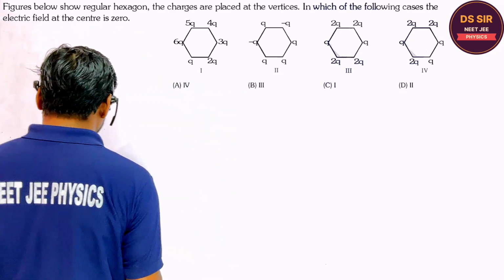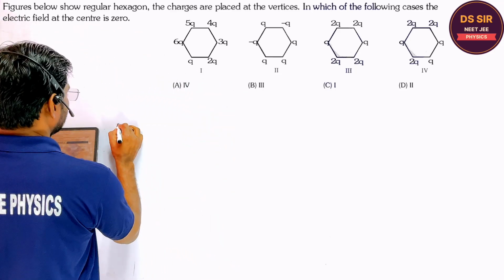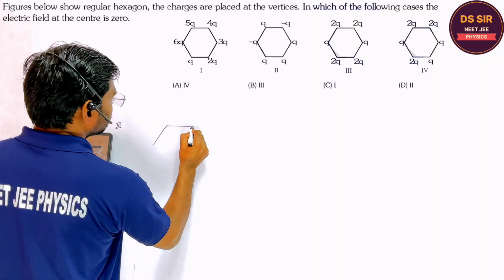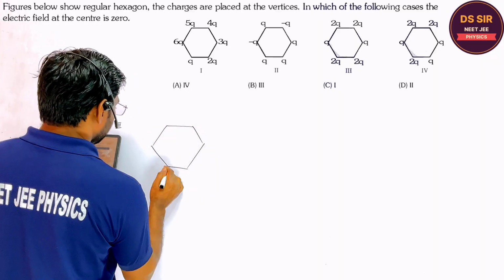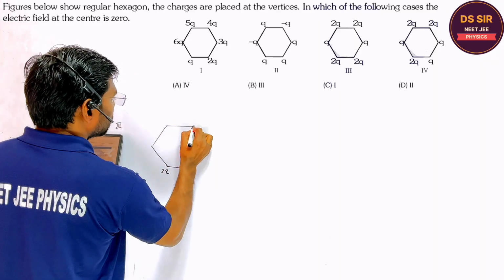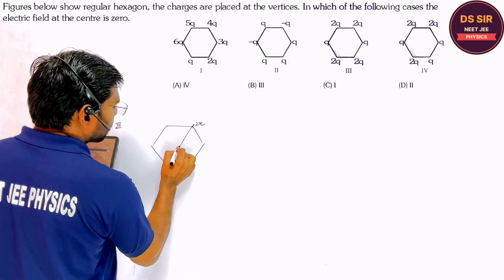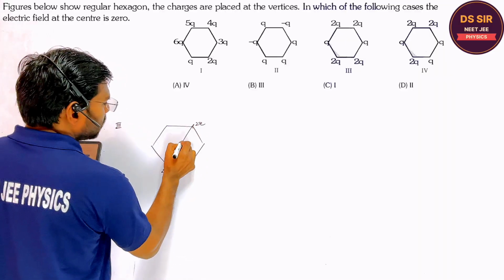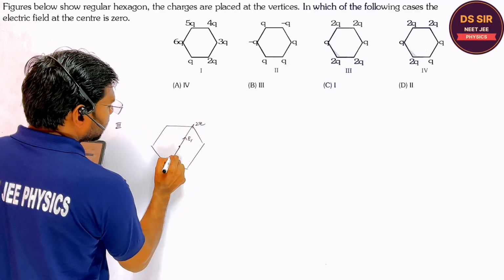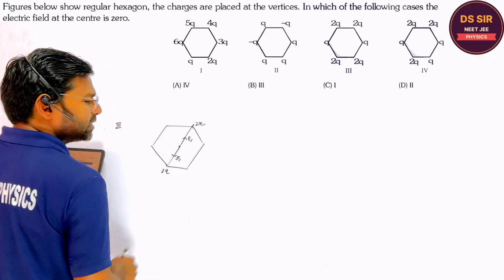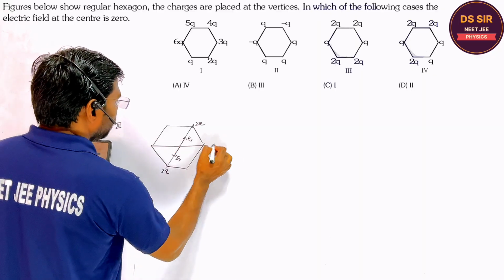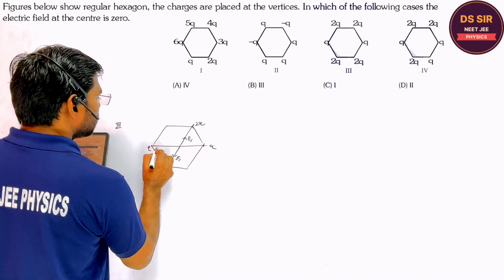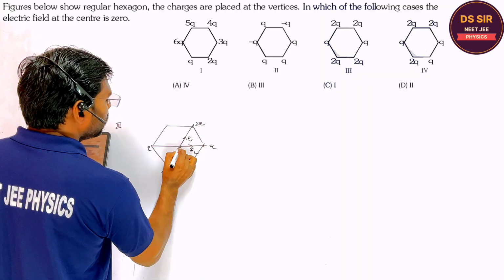If you think the third part is like this. This is the hexagon. This is the 2Q and this is the 2Q. So if you consider, because of this 2Q, the electric field E1 in this direction, electric field E1, they cancel each other. If you consider this is the Q and this is the Q, the electric field is E2 and E2.